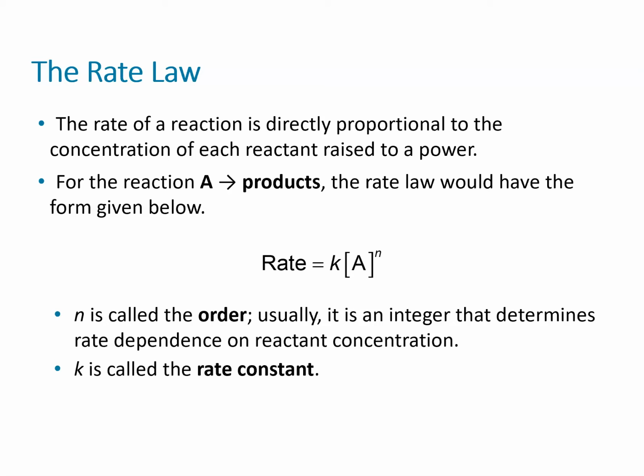So for the reaction, reactant A goes to products, the rate law is just going to be this term: rate equals k, and k is our rate constant, times the concentration of reactant A raised to the power n, which is called our order. And it's usually an integer which determines the dependence of the rate on the concentration. And we'll talk about different orders, 0, first and second orders of reaction in a little bit.